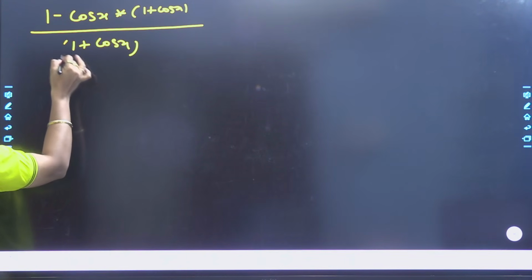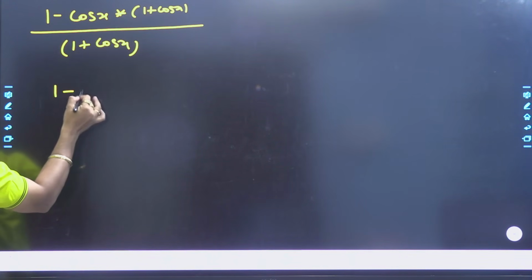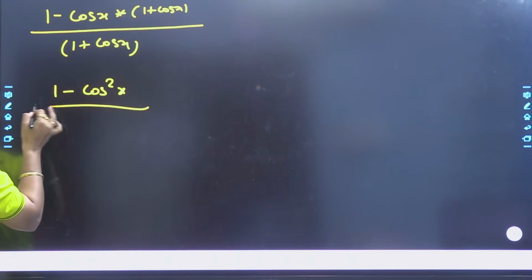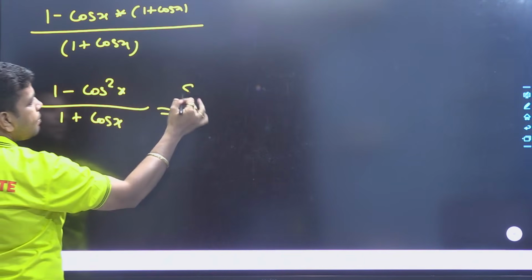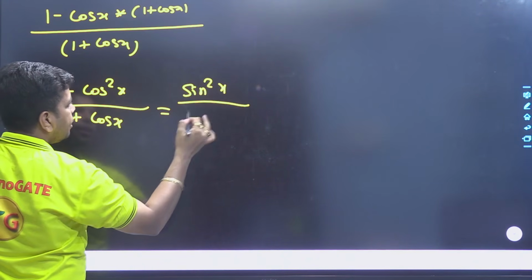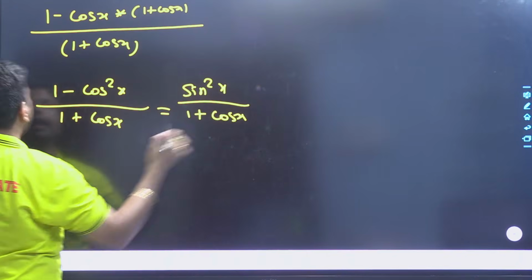If we do that, this becomes 1 minus cos square x upon 1 plus cos x. 1 minus cos square theta becomes sin square theta.